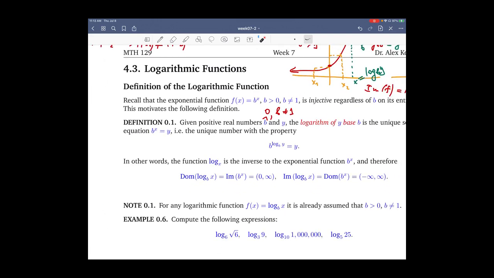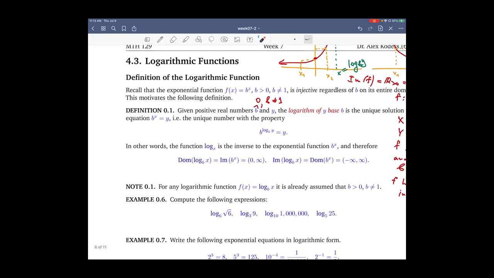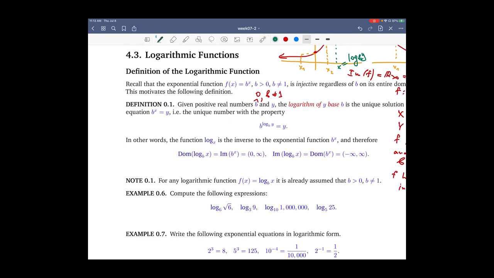Logarithm is the function inverse to the function b to the power x. Log x base b is the inverse function with respect to the function b to the power x.